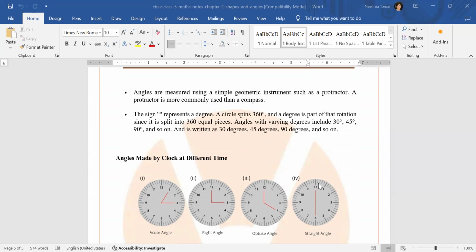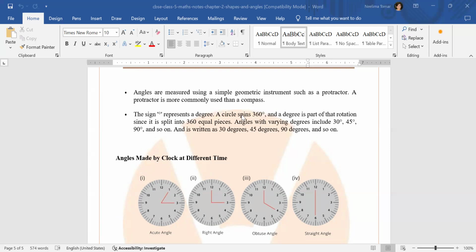You must have seen this in your geometry boxes. A protractor is more commonly used than a compass in your geometry box. You are using a protractor frequently as compared to a compass.